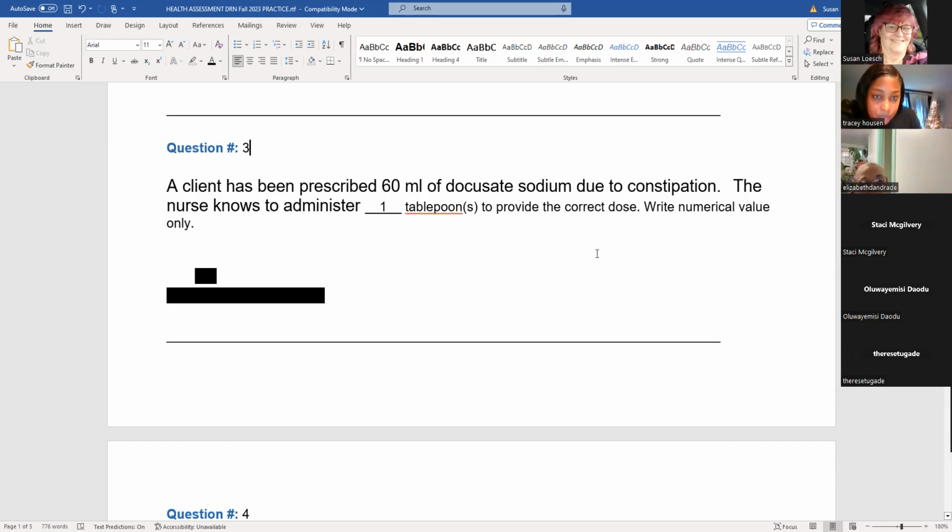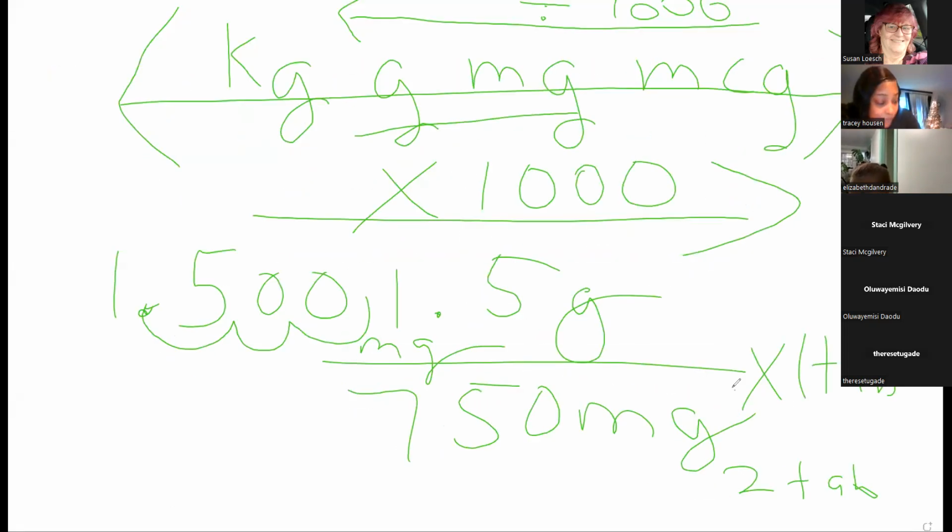You have 60 mLs ordered and you have to administer in tablespoons. How many tablespoons would you give for this client? Again, this goes back to what we just talked about. First you have to determine how many mLs are in a tablespoon. 15. So you take your 60 and divide it by 15.